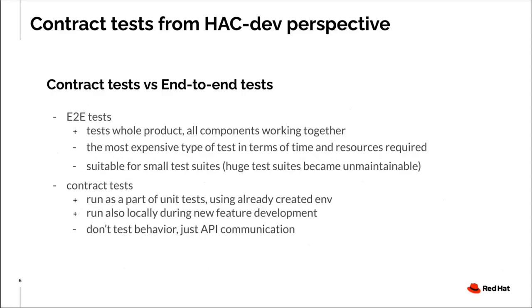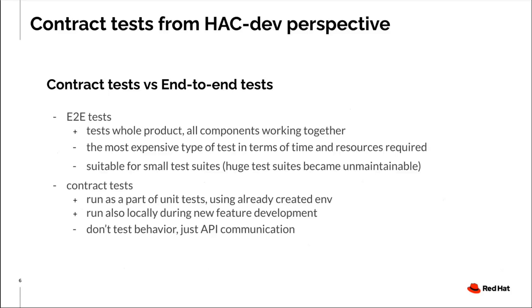One of the questions that I got was why don't we use end-to-end tests for that? As we already have them, so we have everything prepared. So I would like to shed some light on that. End-to-end tests are testing a whole product, so they ensure us that all components work together, and that's the main benefit of end-to-end tests.